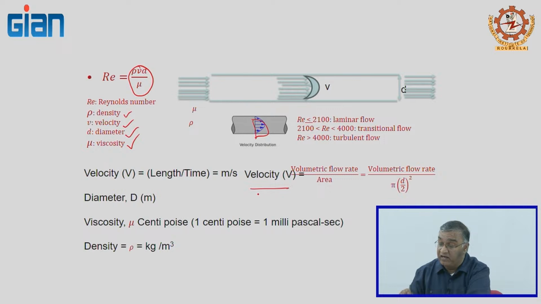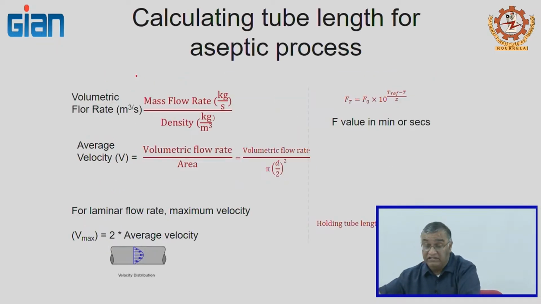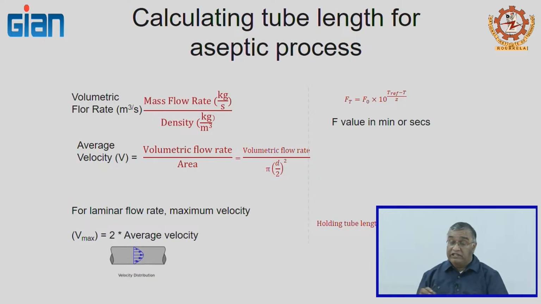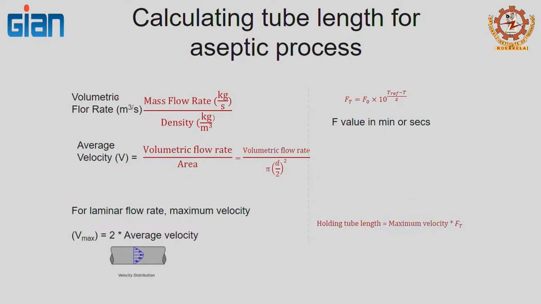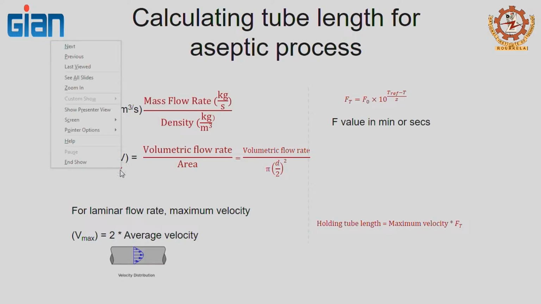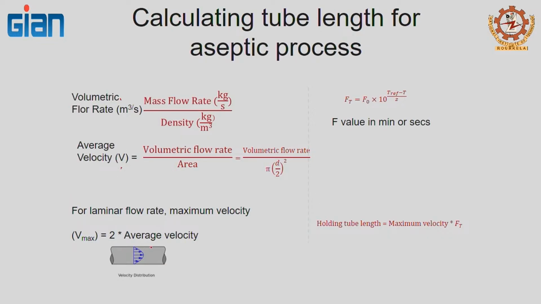Again, from velocity, you calculate volumetric flow rate divided by area, and you also need to look at the Reynolds number and other calculations. Once you know your volumetric rate, you calculate the average velocity. From the average velocity, you find the maximum velocity, which is 2 times the average velocity.